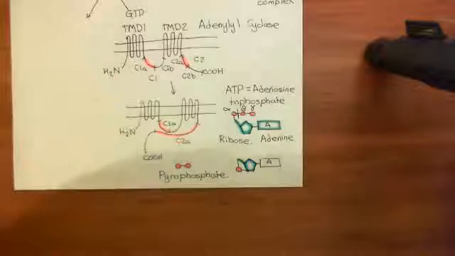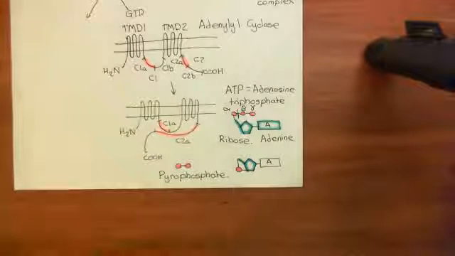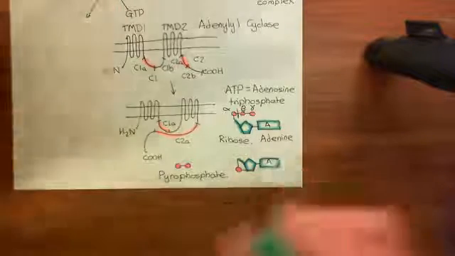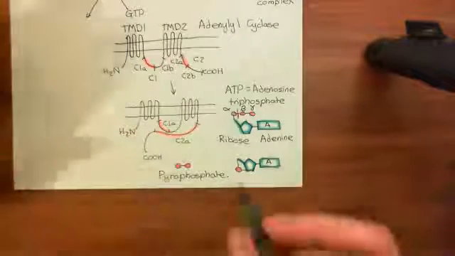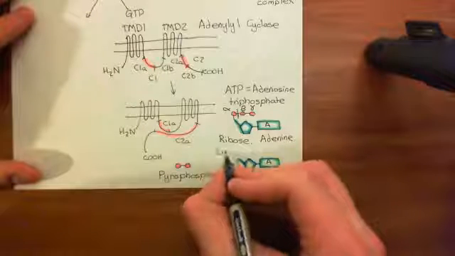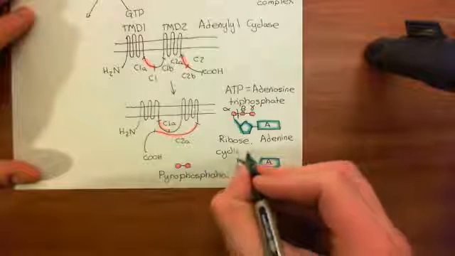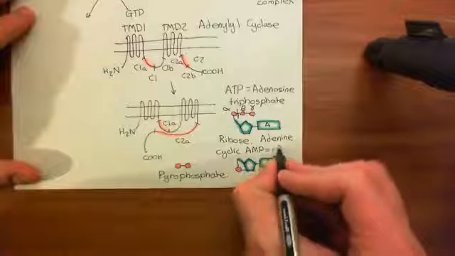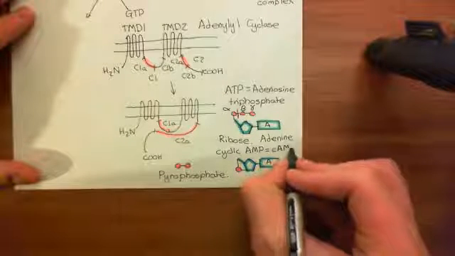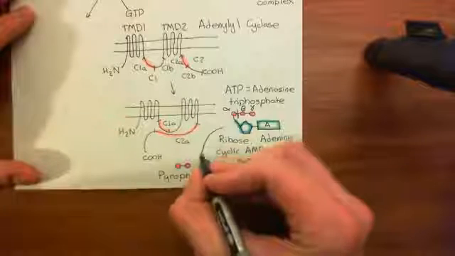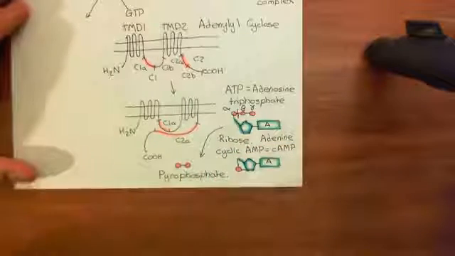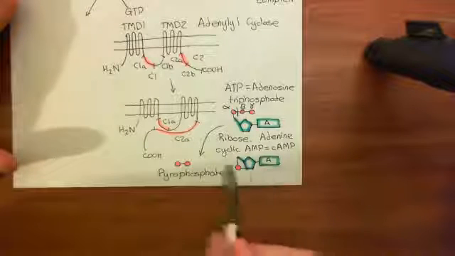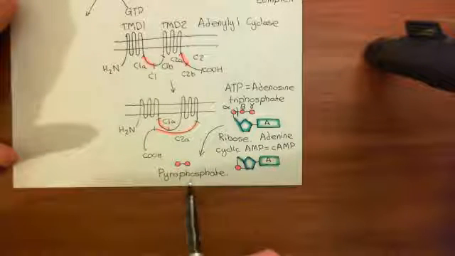And finally we've got the adenine organic base, which is in turquoise here. This molecule is cyclic adenosine monophosphate, cyclic AMP, or cAMP for short. So this is the reaction that the adenylyl cyclase, once active, will catalyse. It will convert ATP to cyclic AMP and pyrophosphate.